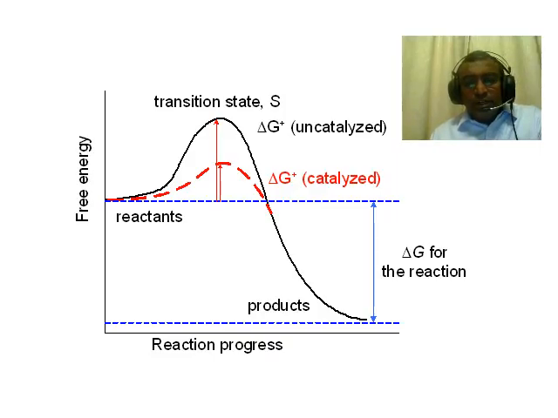So this is another way to represent by diagram what I just explained about how an enzyme can perform a reaction at a low temperature. So you have here two different routes.